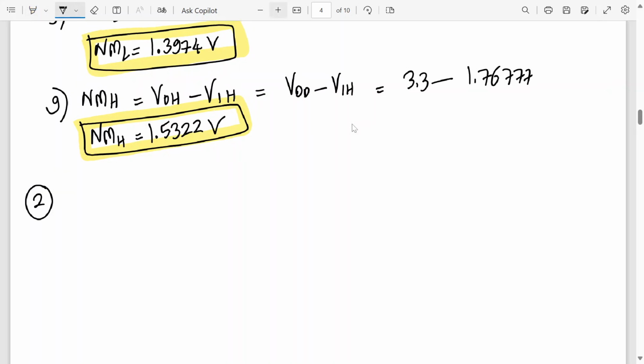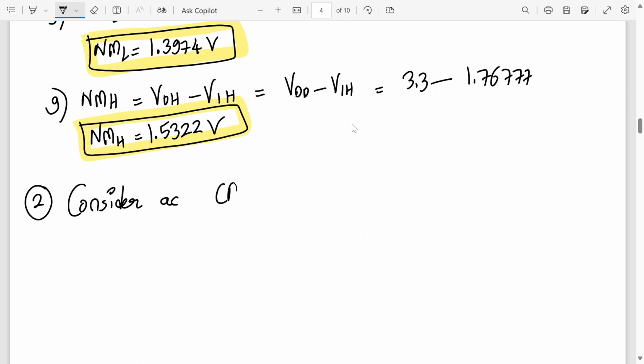People, let's start. Write down. Consider a CMOS inverter with the following specifications.